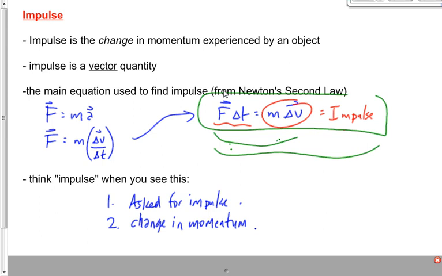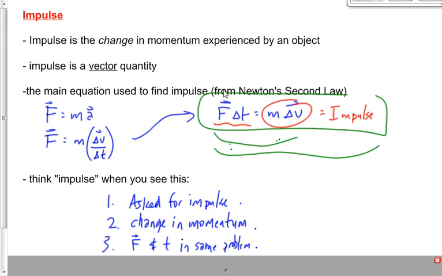And finally, and this will be the last thing that we do here today. And this is the really weird one. If we see a force and a time in the same problem, in other words, the question may not actually say impulse, or even momentum.